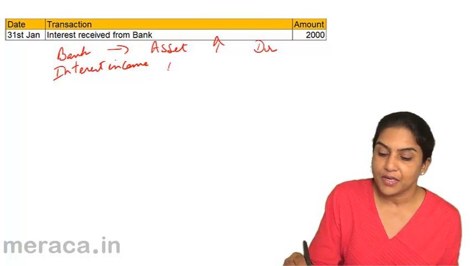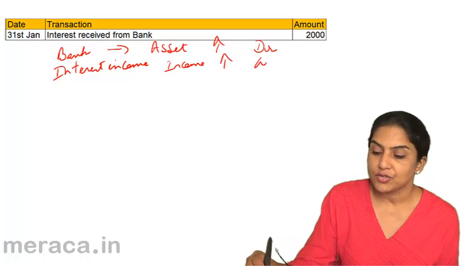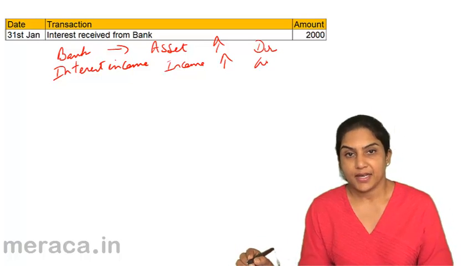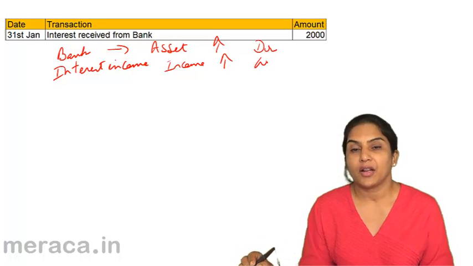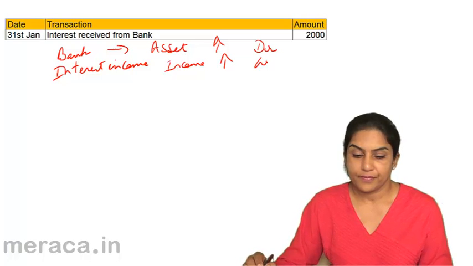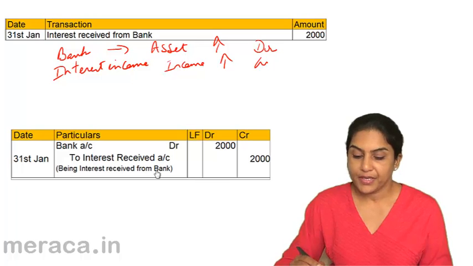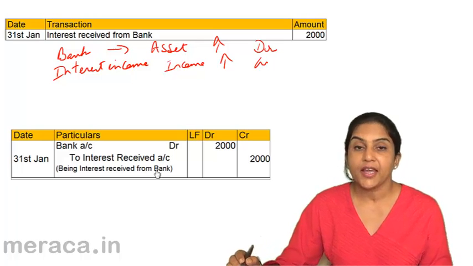Interest income is an income. Income also increased. So it is credit. Credit all incomes. Bank account debit to interest received income, properly presented in the format. Date given, debit column against bank, credit against interest received.